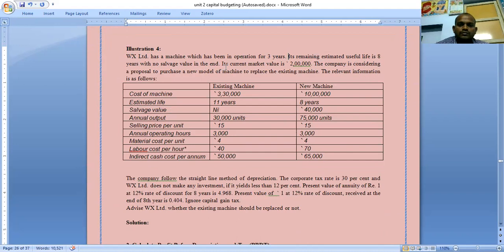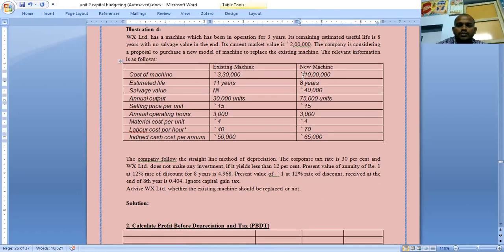No salvage value. Current market value is 2 lakhs. Company is considering a proposal to purchase a new model of machine to replace the existing machine. So company wants to take the replacement decision. So which one is better? Whether to continue with the old machine or whether to purchase the new machine.